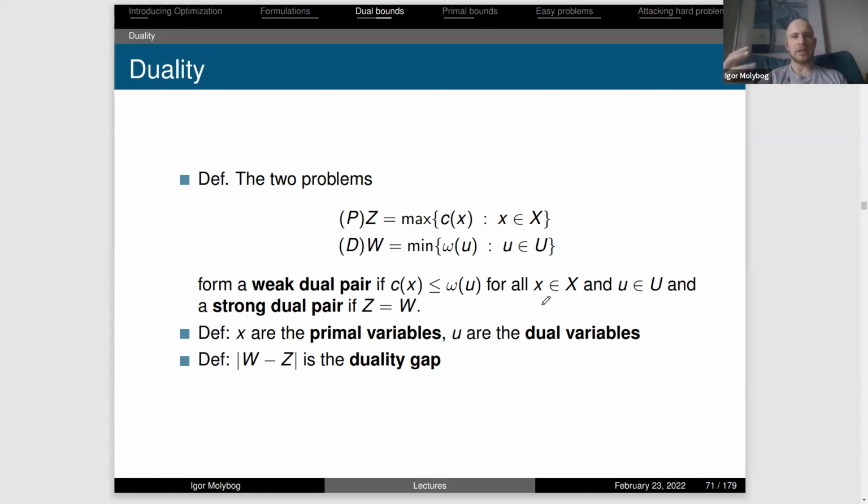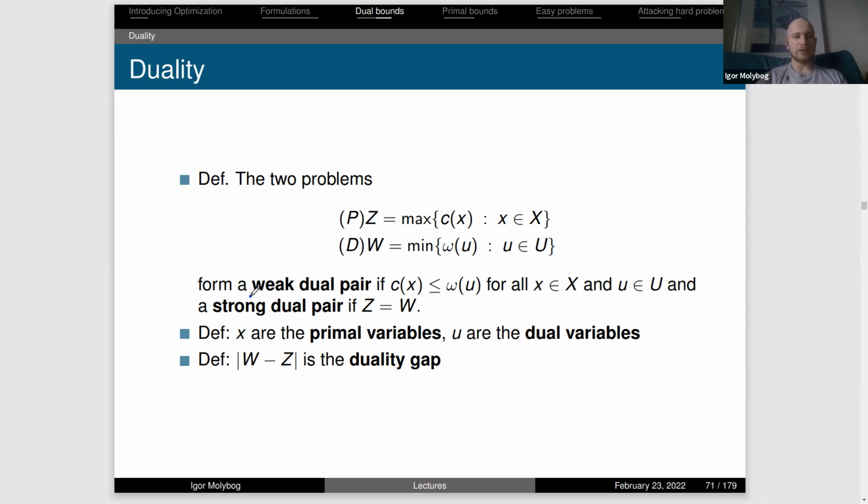The dual problem is the optimization in the space of parametrically defined optimization problems that result in the best dual bound possible for this problem.